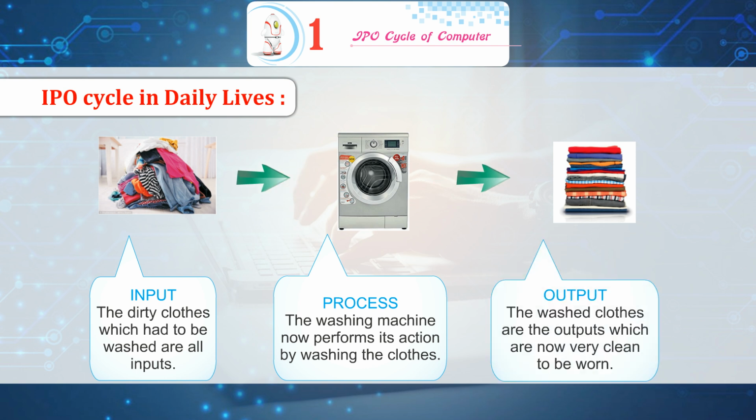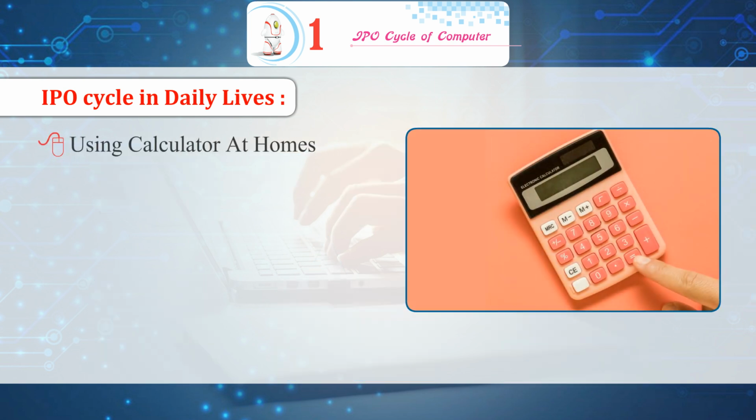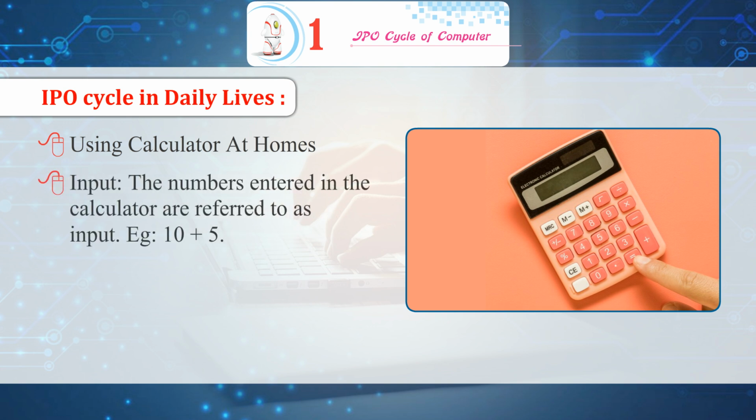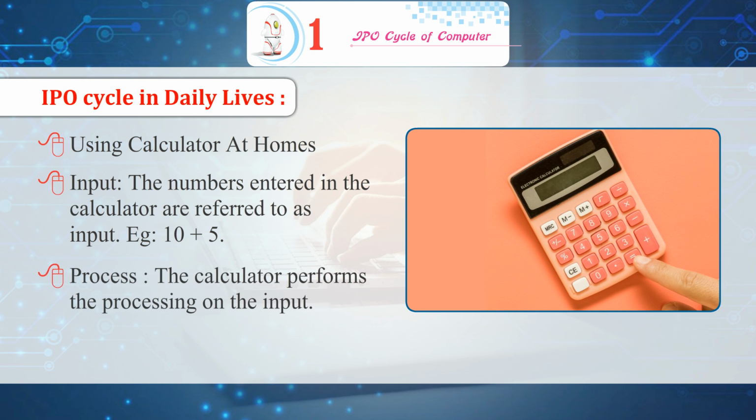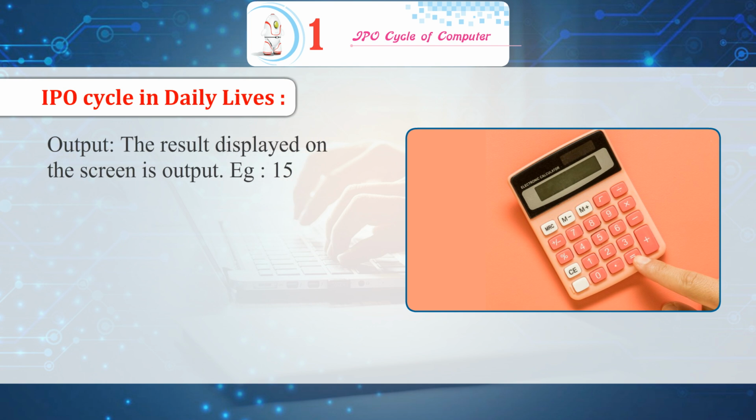Output, the washed clothes are the outputs which are now very clean to be worn. Using calculators at home. Input, the numbers entered in the calculator are referred to as input. Example, 10 plus 5. Process, the calculator performs the processing on the input. Output, the result displayed on the screen is output.